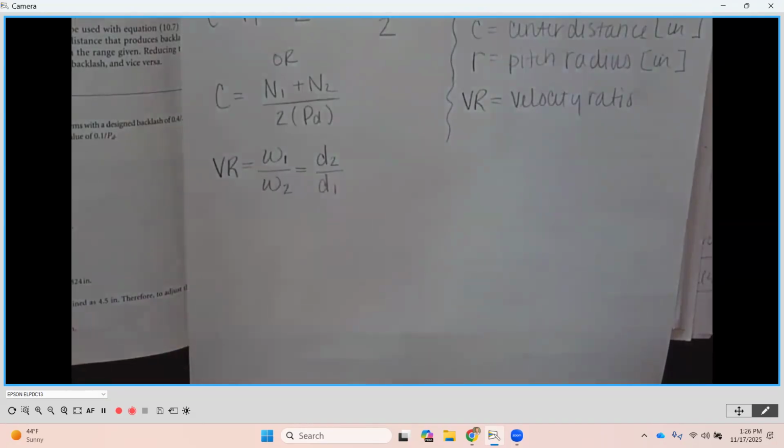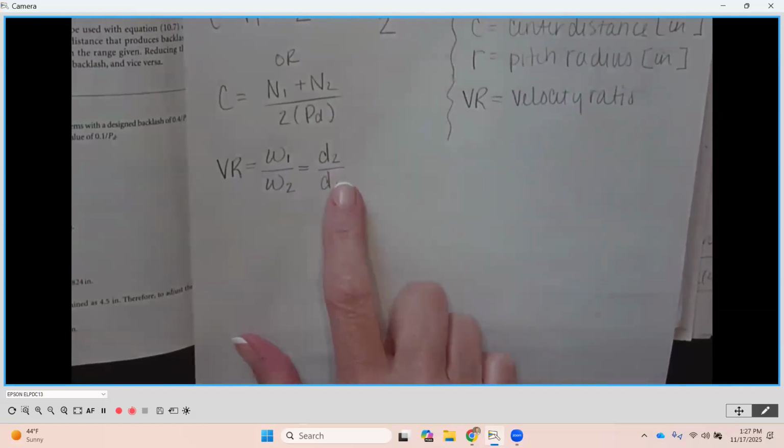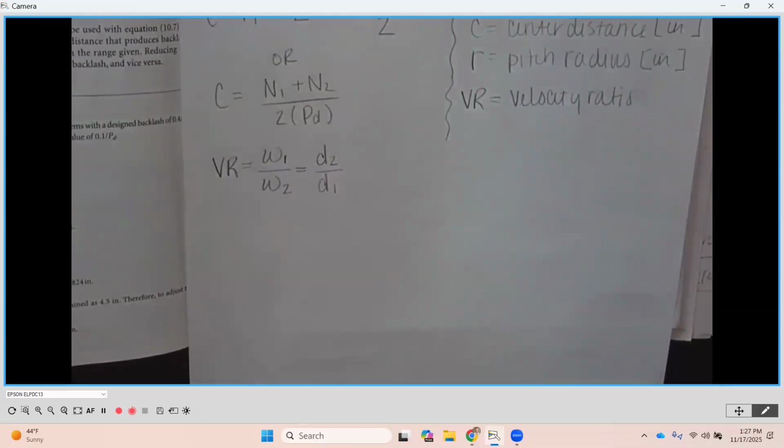So when it's speed, the pinion speed is going to be a higher speed. Again, think of that motor coming in and we want to reduce it to be usable for the output or the gear. But when we're looking at physical size, the gear is always going to be larger than the pinion. So that's why the two is on top here.